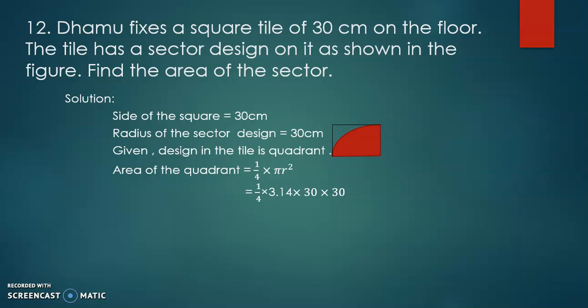Here r square is there, so 30 into 30. Now 3.14 into, if you are cancelling 30 and 4, you can get 15, and for the next 30, 15. So totally just multiplying all the three numbers, you can get 706.5. So the answer is area of the sector design is equal to 706.5 centimeter square.